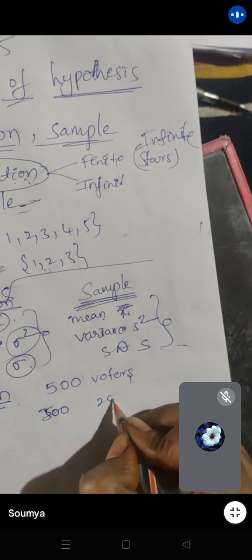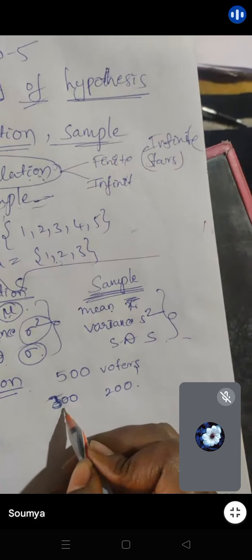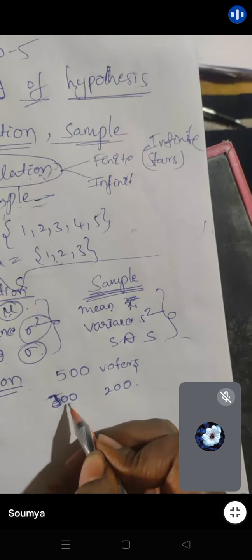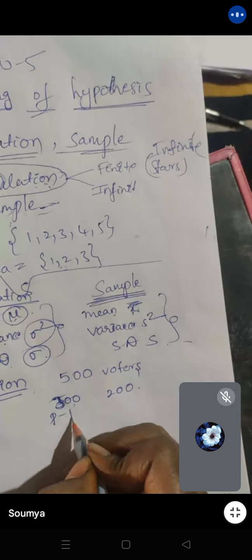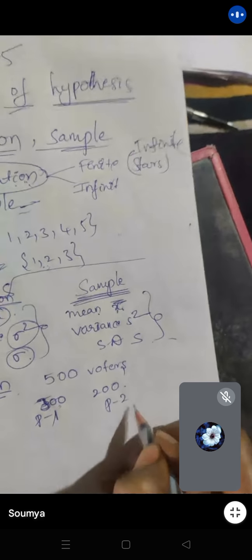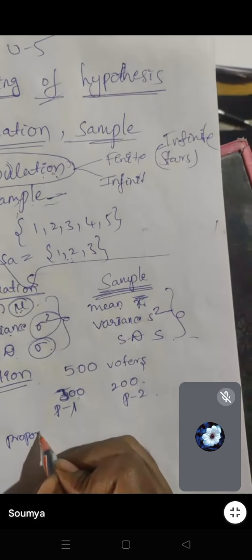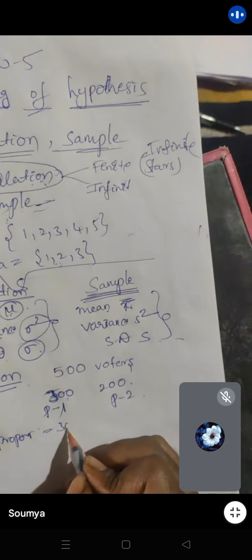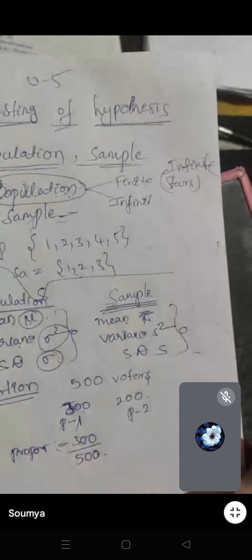I am taking a sample of 300. I ask 300 people whom they are voting for. They say they will vote for party 1 or party 2. So the proportion of winning for party 1 is 300 out of 500. This is nothing but proportion.